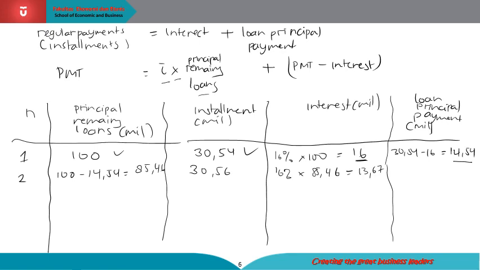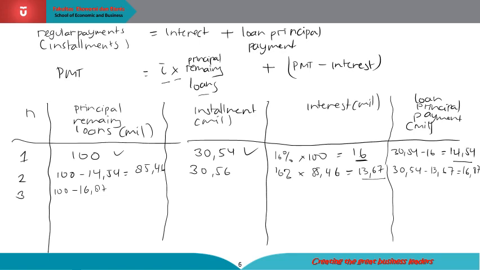Okay, if I'm too fast, then you need to pause. Press the pause, and calculate it with your calculator. All right, now the loan principal payment will be 30.54 minus 13.67, which will give you 16.87. Right, now next is the third year. So the income for the bank is 13.67.